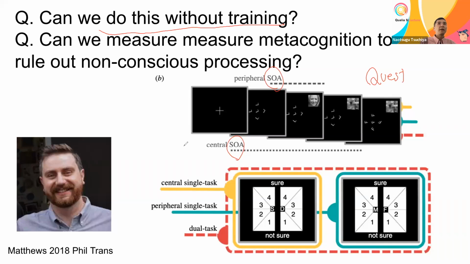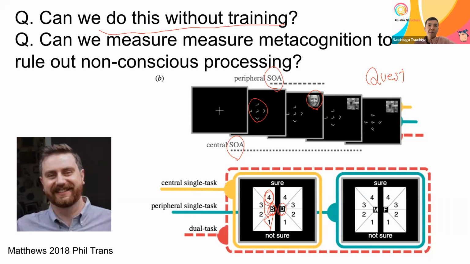And then the second thing is that after each trial, in addition to reporting whether the face was male or female or the letters were same or different, we also got the confidence or visibility of the stimulus in a rating of +4 to -4. So for example, about the central letters, they reported not only same or different, but also same with very high confidence, 4, or not confident, 1.